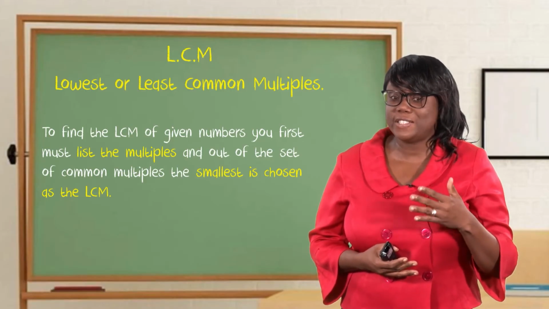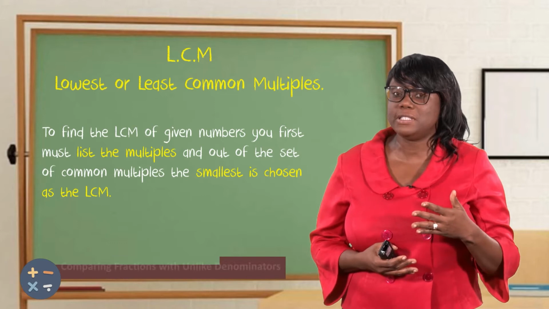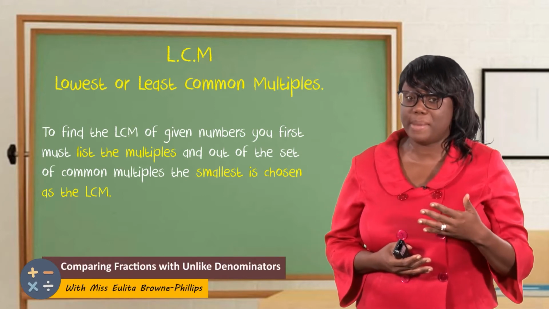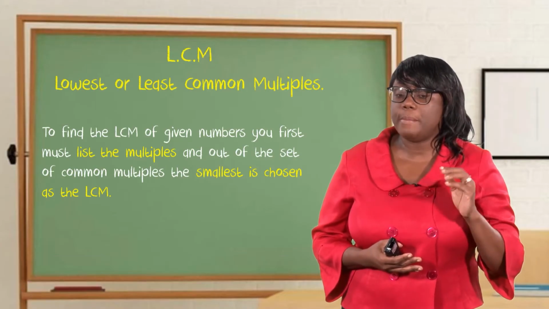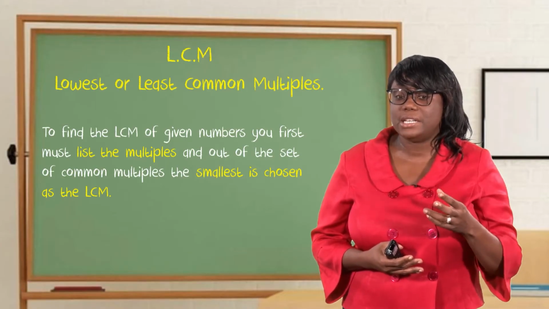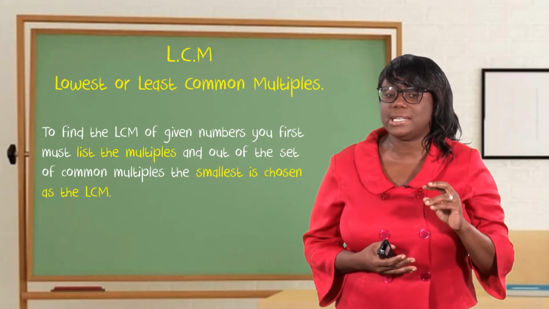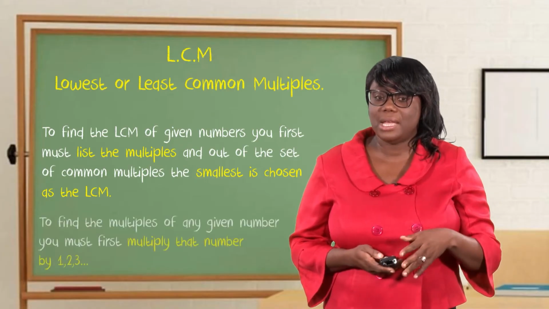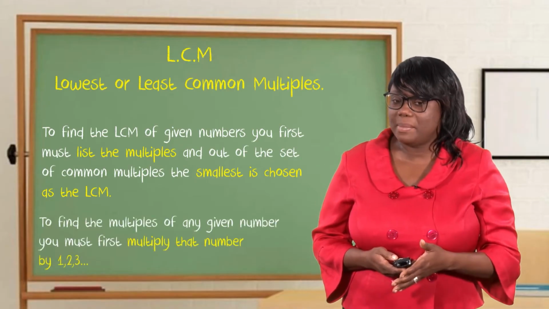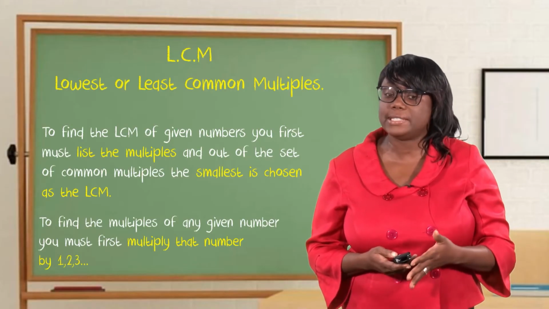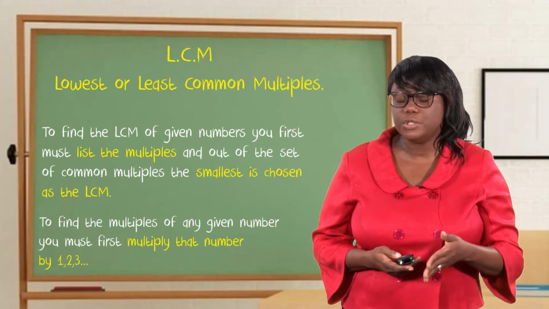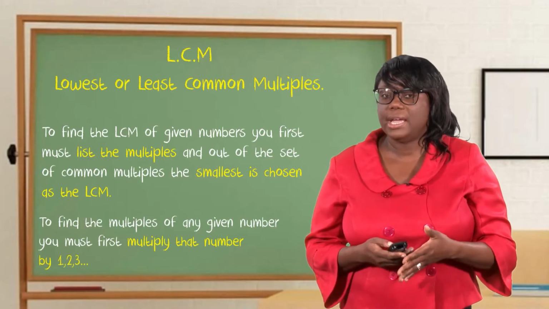I do know that you remember the term multiples from one of our previous mathematics lessons. Now, out of the set of common multiples selected, the smallest is chosen as the LCM. To find the LCM of any given number, you must first multiply that number by 1, 2, 3, etc.